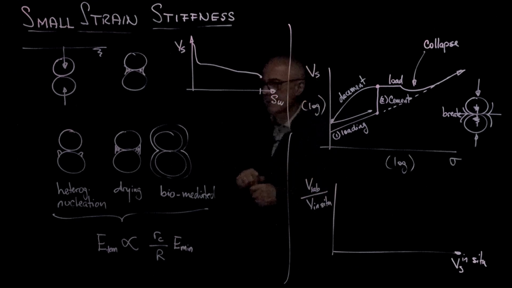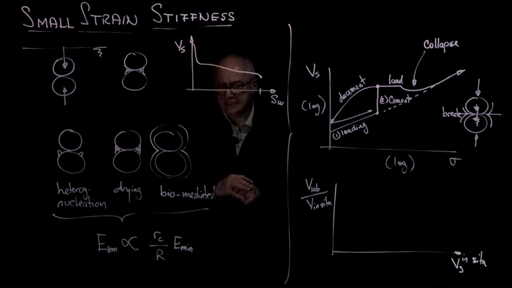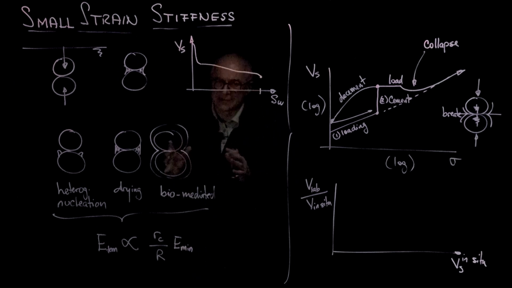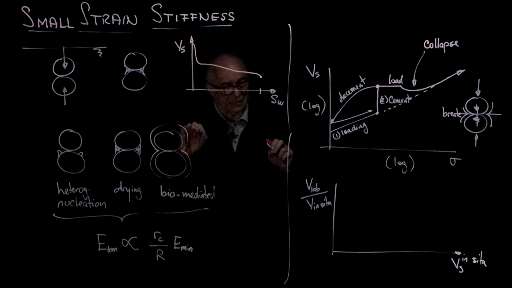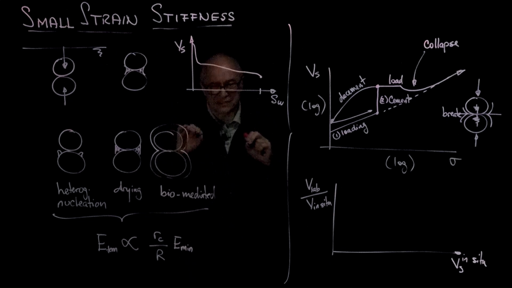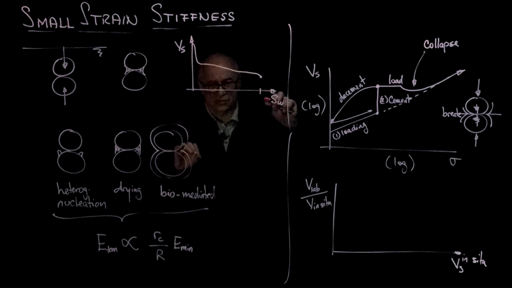Summary: the small strain stiffness is all happening at the contacts, the deformation at the contacts. In order to measure this evolution of small strain stiffness with the stress, we are actually loading the soil, and so that loading process may not be constant fabric. And so what we measure with the small strain stiffness is how that parameter has evolved from one state of stress to the other state of stress.